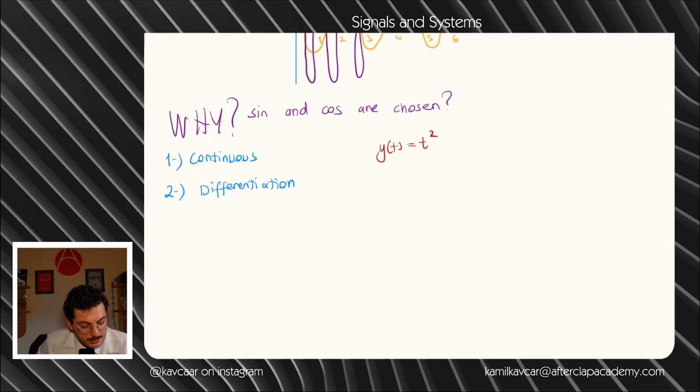This wouldn't be useful because when I have the first degree differentiation of this y of t, it's going to be 2t, another time it's going to be 2, another time it's going to be 0. So after the third degree of differentiation, it just disappears. However, this is not the case with sines and cosines because when you differentiate sine, it becomes cosine, cosine to sine, sine to cosine. It just goes on like this and it never stops.